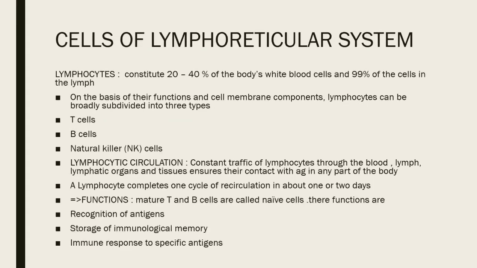Now, functions of lymphocytic circulation. Mature T and B cells are called naive cells. Their functions are recognition of antigens, storage of immunological memory, and immune response to specific antigens.